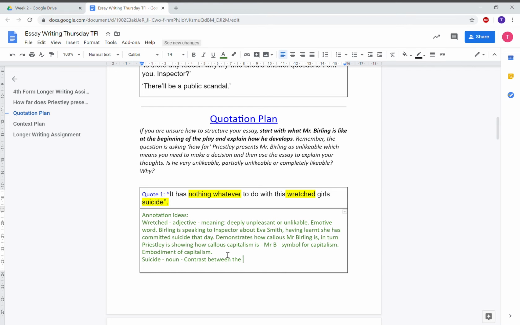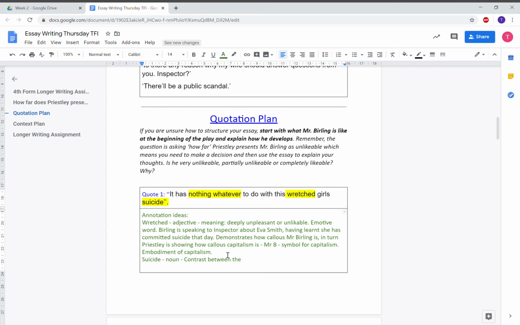What I want to say is there's a real contrast between the imagery that is evoked in the word suicide, you know, what it means to commit suicide, and then using the adjective wretched to describe someone. It would be very uncommon and unusual, and frankly very callous, to hear someone describe someone's suicide as wretched, or to describe someone who's committed suicide as being wretched. They aren't two words you would normally hear in the same sentence, you know, wretched girl's suicide.